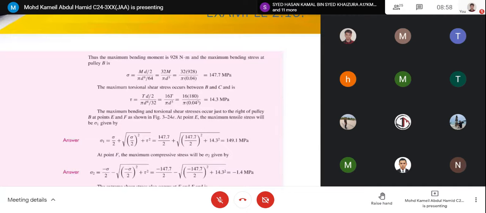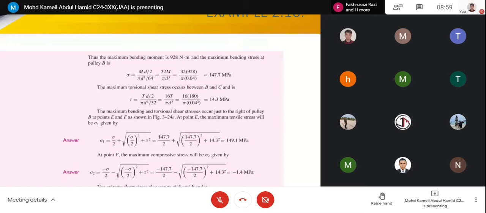You compare the moment at point B and the moment at point C, and you will be able to tell that the maximum bending moment is at pulley B. B is 928 at pulley B. That maximum value will be used in the equation.